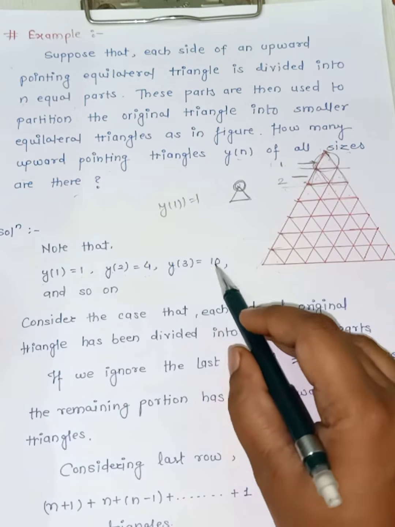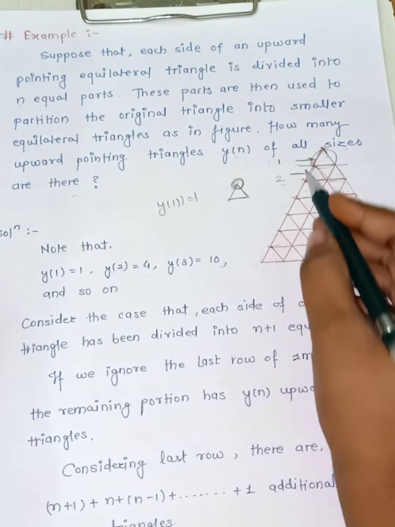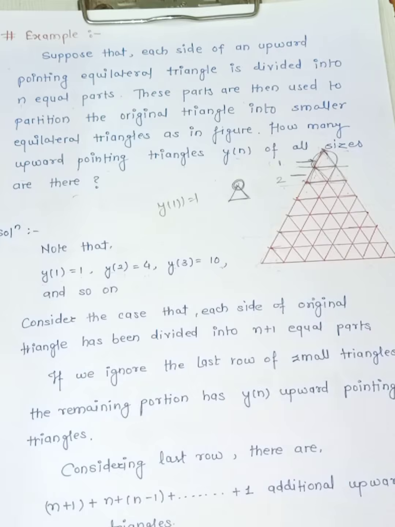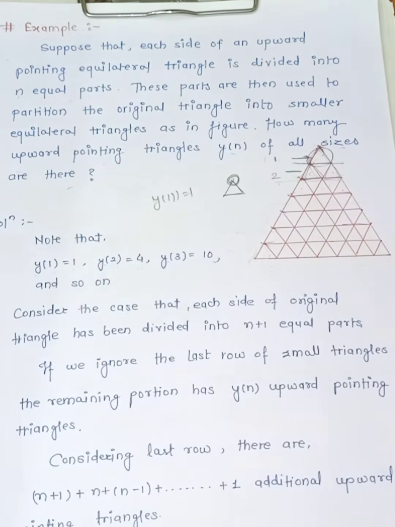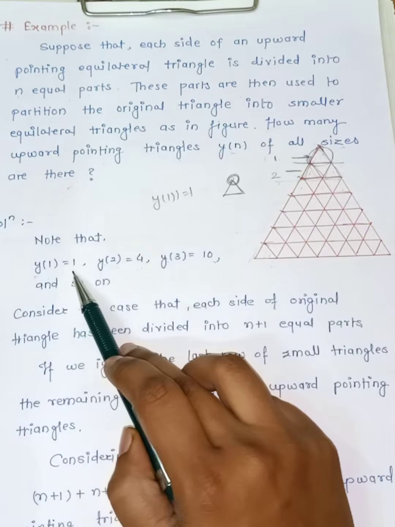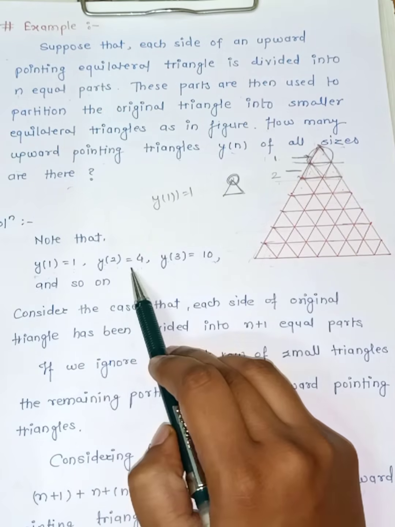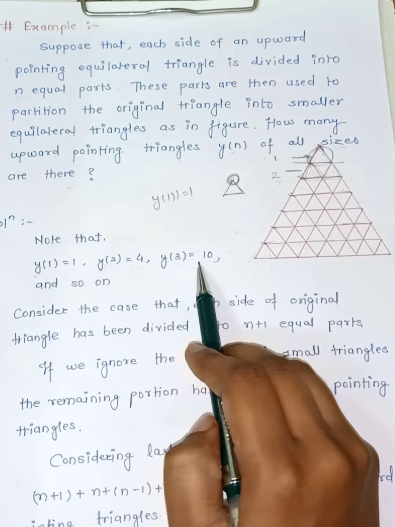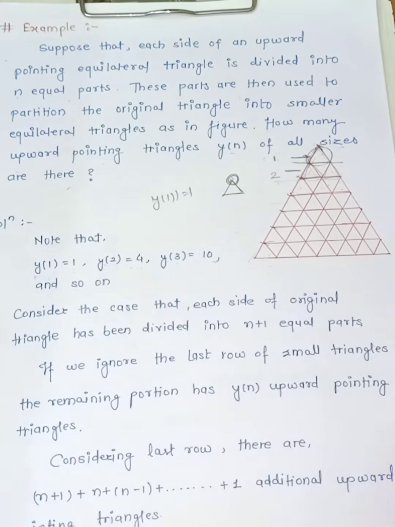So y of 3 will be equals to 10. आणि असंच आपण काउंट करत गेलो तर आपल्याला y of 4, y of 5, y of 6 अशा व्हॅल्यूज मिळत जातात, ठीक आहे. सो y of 1 equals to 1, y of 2 equals to 4, y of 3 equals to 10 and up to so on, okay.